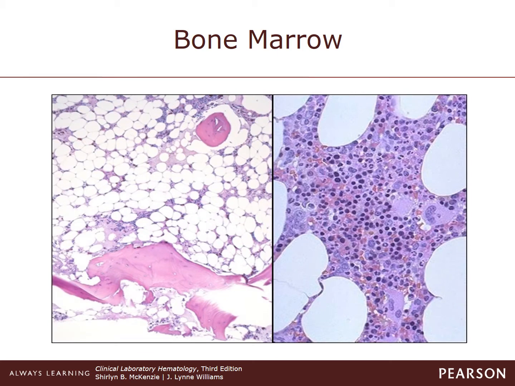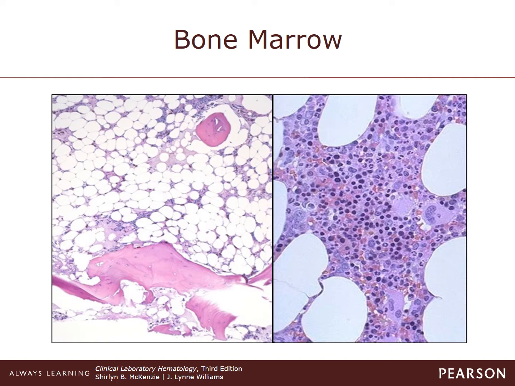Now here is a cross-section of a hypoplastic anemia with the bone marrow being replaced by fat on the left-hand side, and on the right-hand side you see a normal cellular cross-section. Here the defect is due to a depletion, damage, or some kind of inhibition of the stem or progenitor cells.